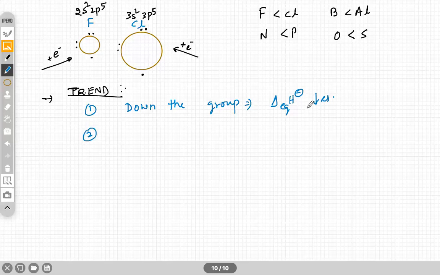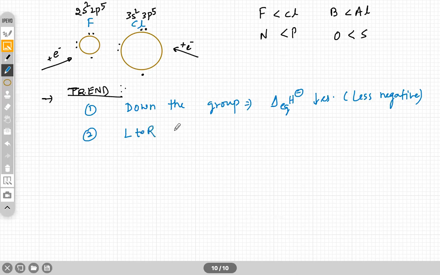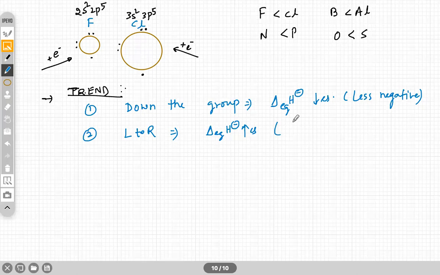Decreases means it becomes less negative, means the magnitude is decreasing; less negative is with the minus sign, the value we are considering here. Left to right in a period, delta Eg negative increases, meaning it becomes more negative.